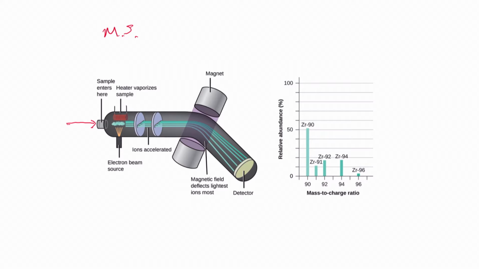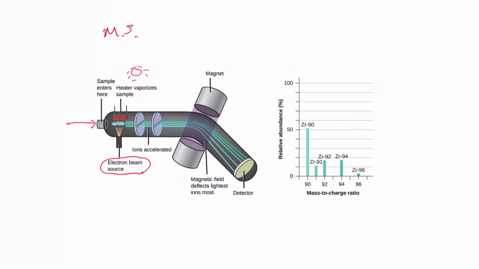And it goes in through here, and then it enters this section where there's an electron beam source. The electron beam you can basically think of as a gun of electrons, just shooting electrons at this thing and causing the sample to get ionized. Okay, it's going to have an excess of negative charges. So now these particles have charges associated with them.